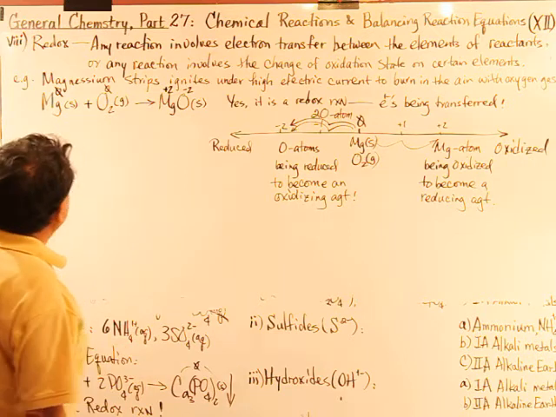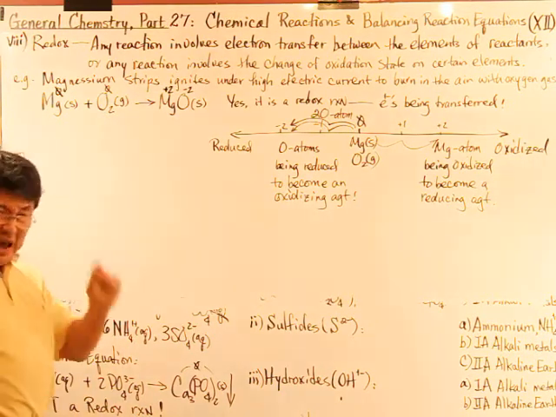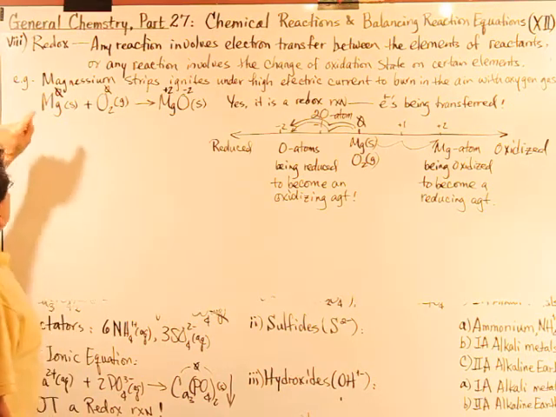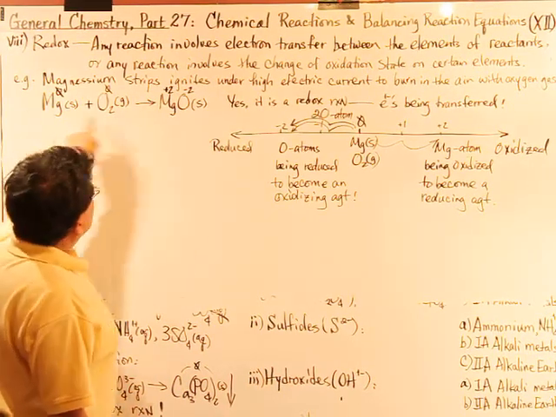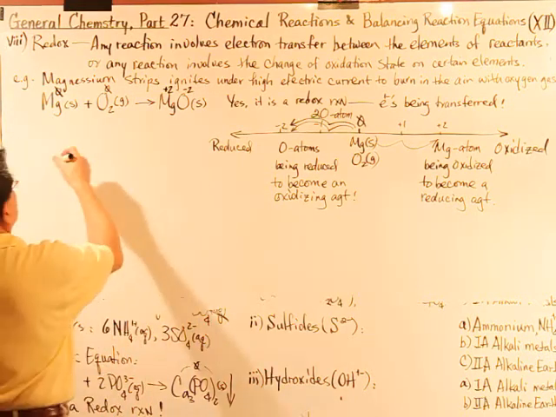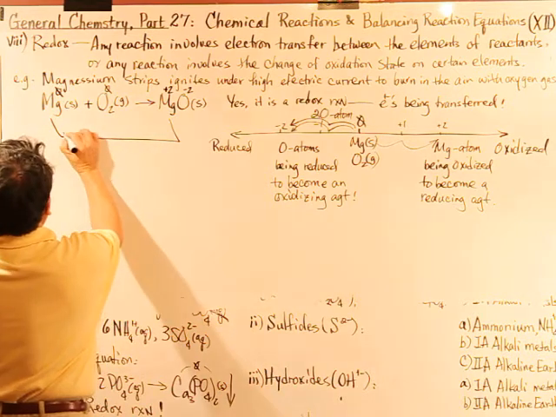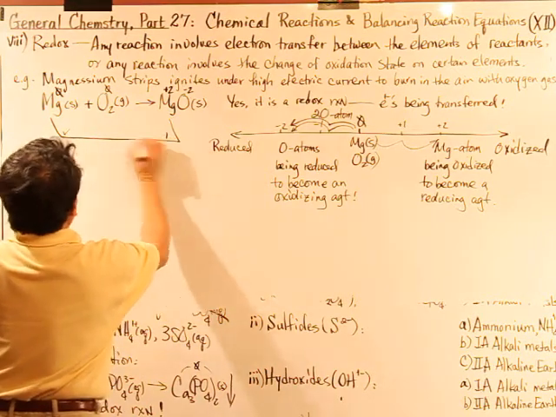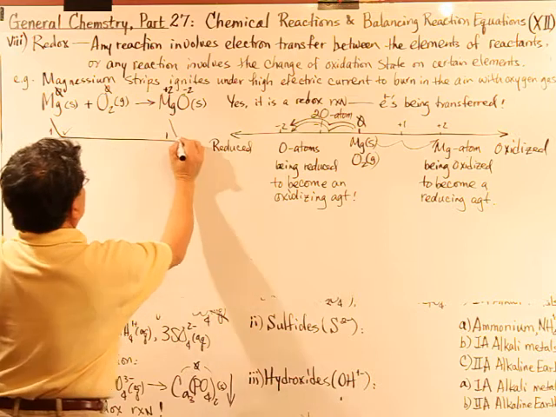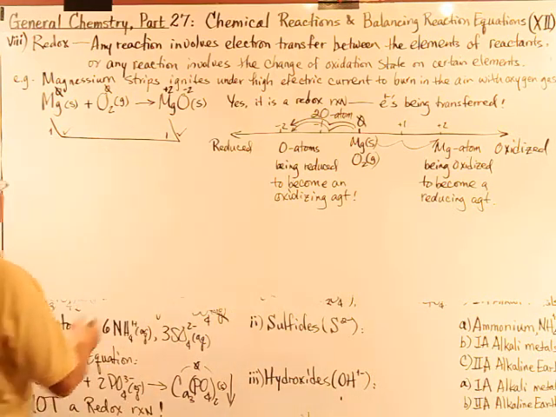So here, let's just use the old way to see if we have the mass balanced. Magnesium 1 on this side, magnesium 2 on this side. On my notes, I did this. Magnesium is 1 to 1, that's okay.